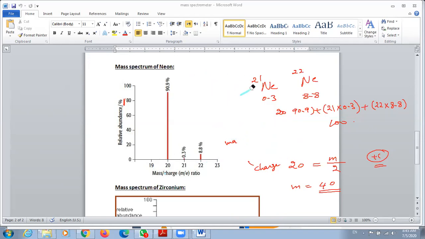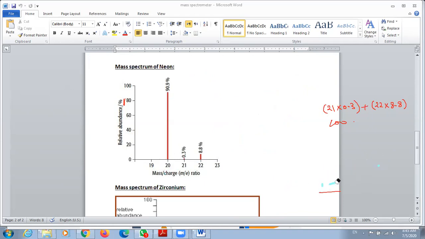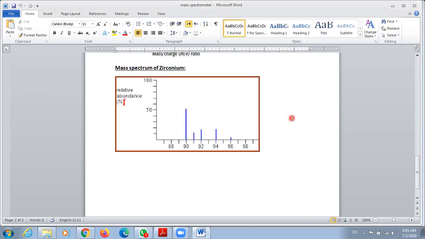Now, if we look at another mass spectrum, that of zirconium, for example, how many peaks do we find for zirconium? 5.